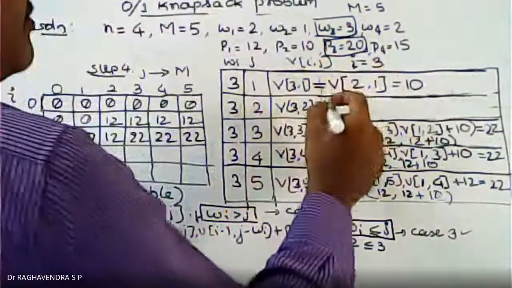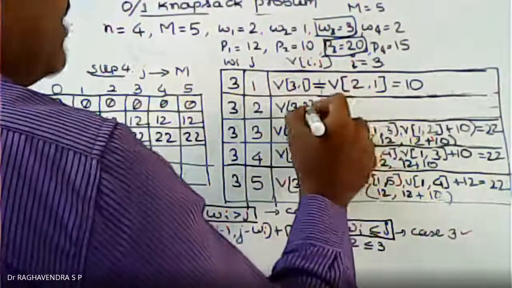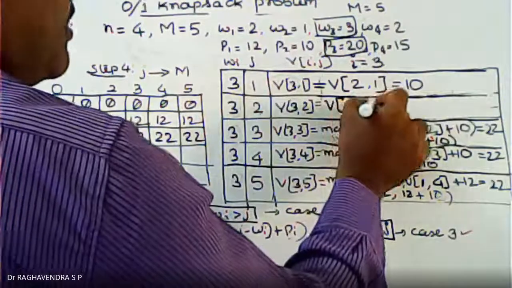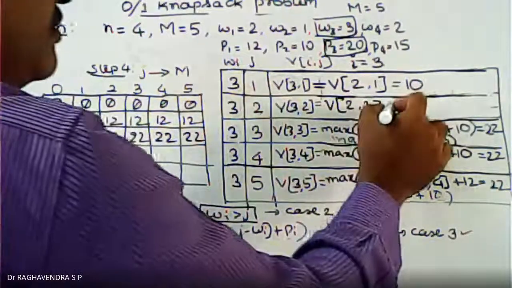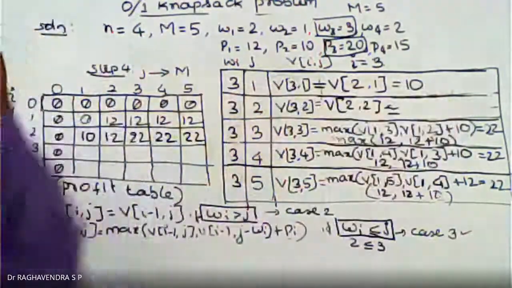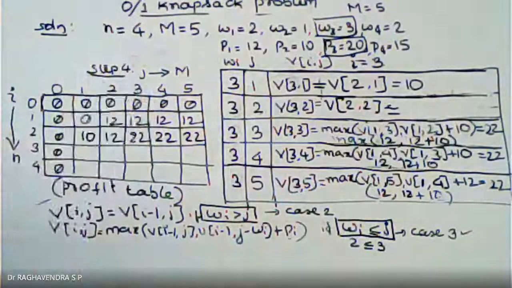So now we have i minus 1, 3 minus 1 is 2, 2 comma 2. What is V of 2 comma 2? 12. Very good.